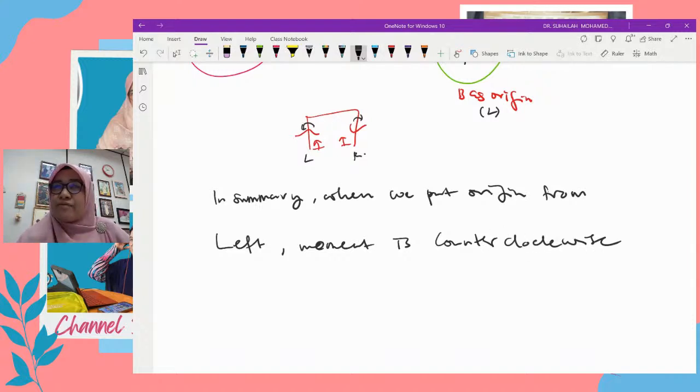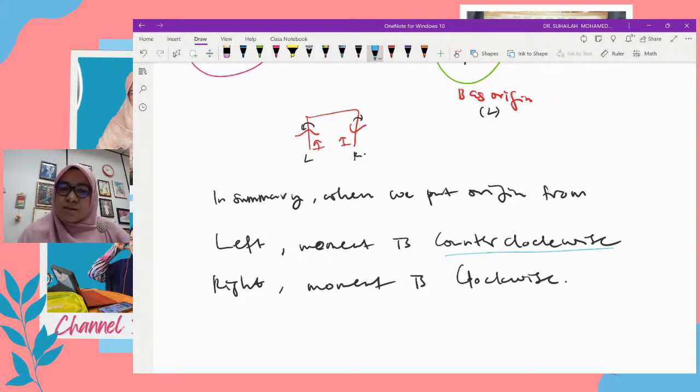Logic, right? Left counterclockwise. And when we put origin from right, the moment is clockwise.